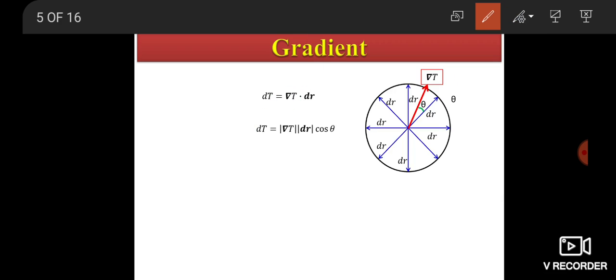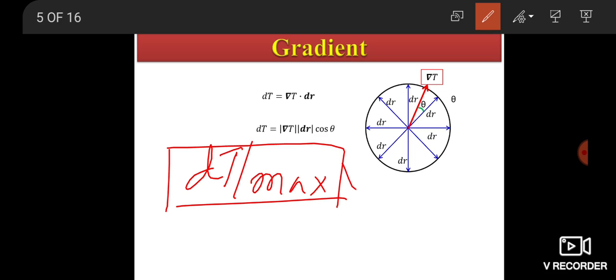In other words, gradient of T is the direction along which there is a maximum change in temperature.